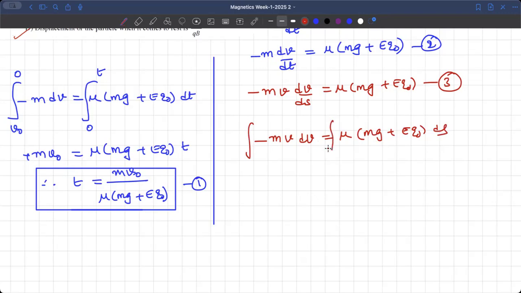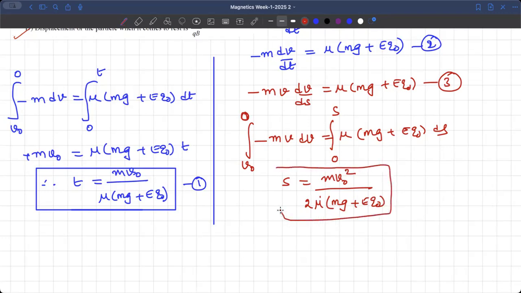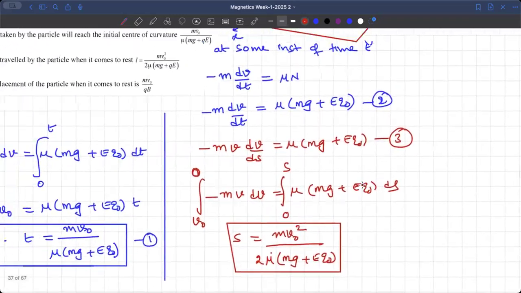Do integration on both sides. Again, when it starts, speed is v naught. After traveling some distance, speed is 0. So finally, S can be written as mv naught square by 2 times mu into mg plus eq naught. Right, that is the S part.